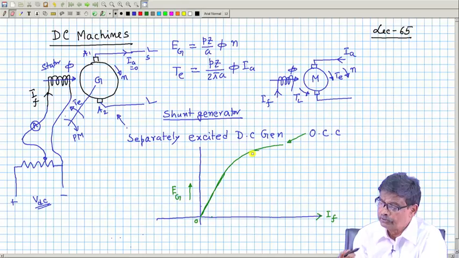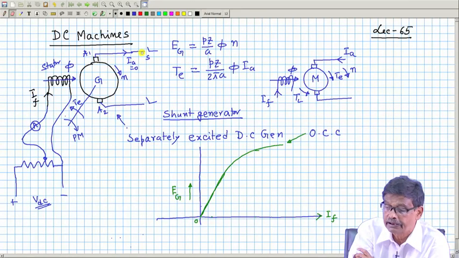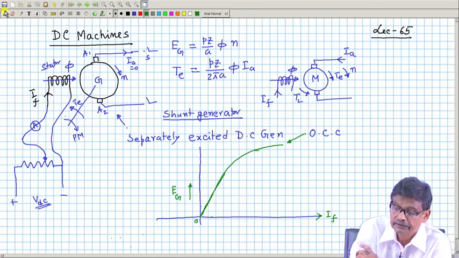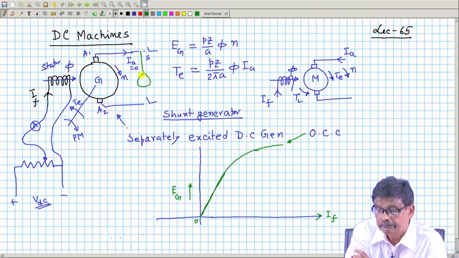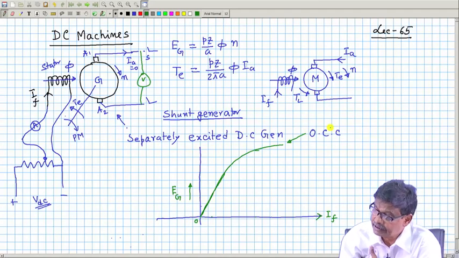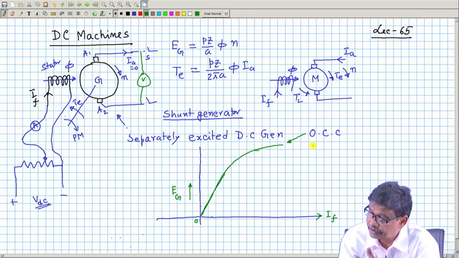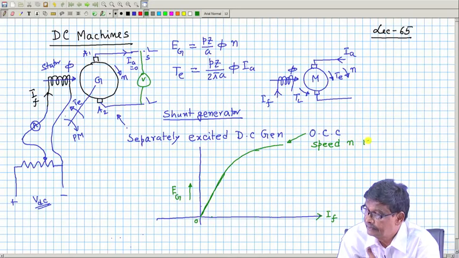While carrying out the open circuit test, note down the field current, connect a voltmeter here, and just plot them. But during this experiment, keep the speed constant. Speed n is kept at the rated value.